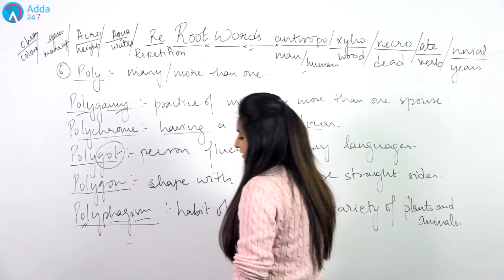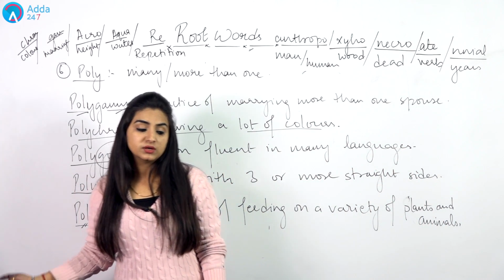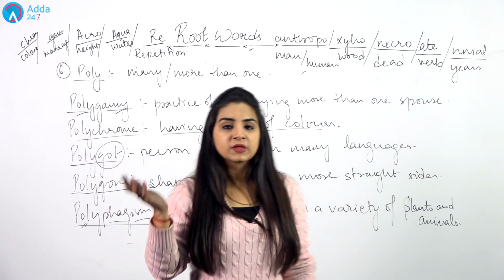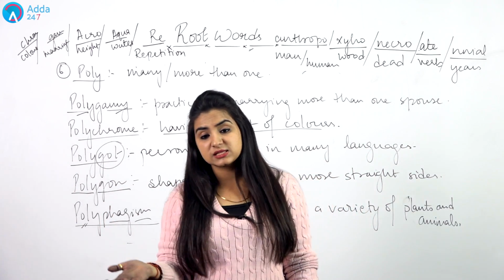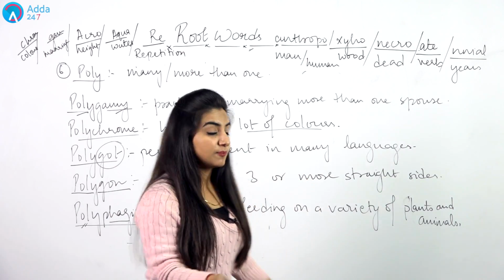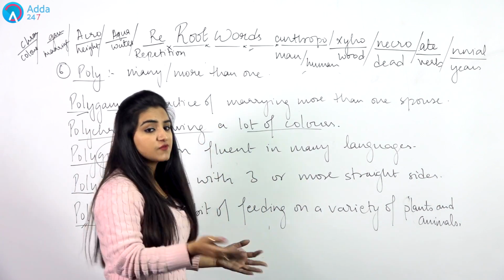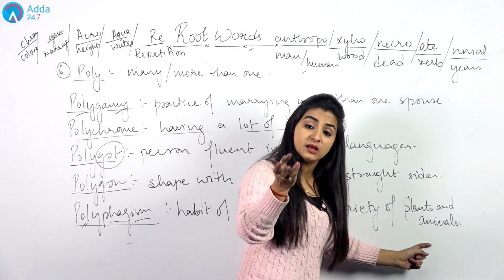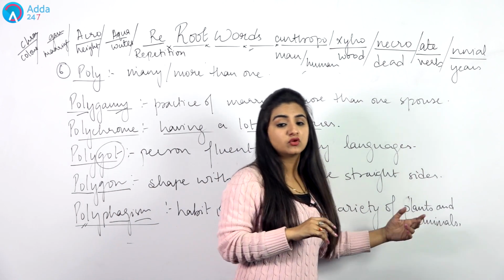See, there's one person that's called carnivorous, there's one person called herbivorous. Carnivorous eats on flesh, lives on flesh. Herbivorous lives on plants. Omnivorous lives on both. But polyphagism or polyphagist is a person who lives on both plants and animals. But then again, he wants variety in these two.